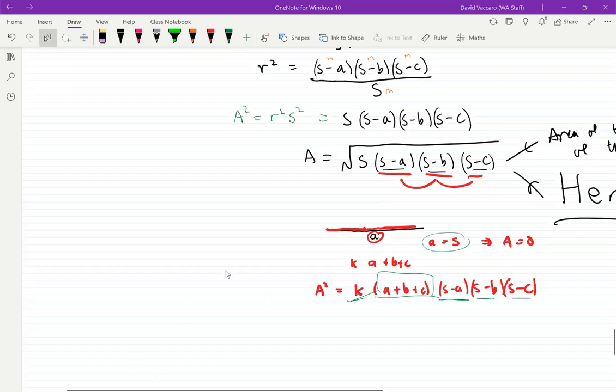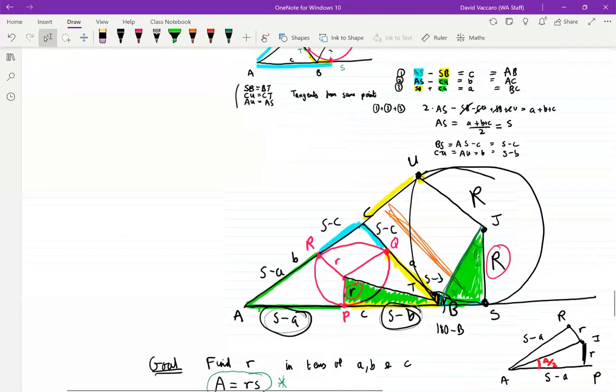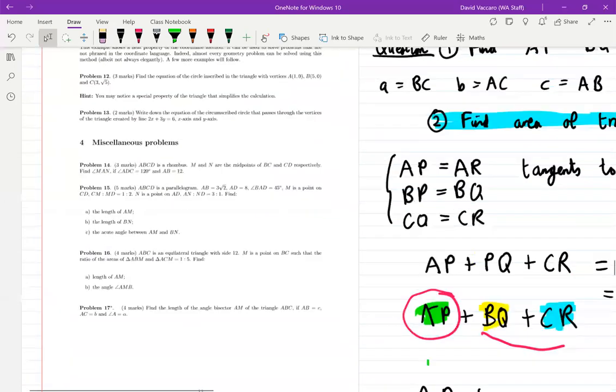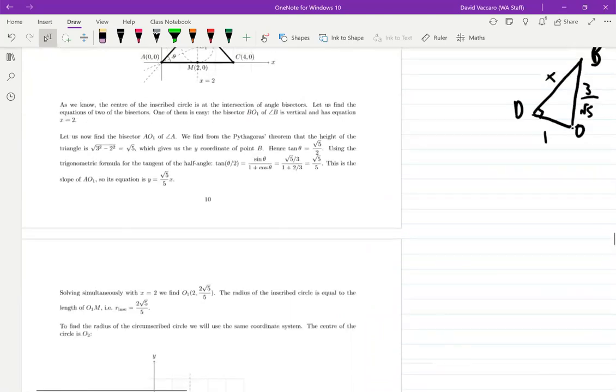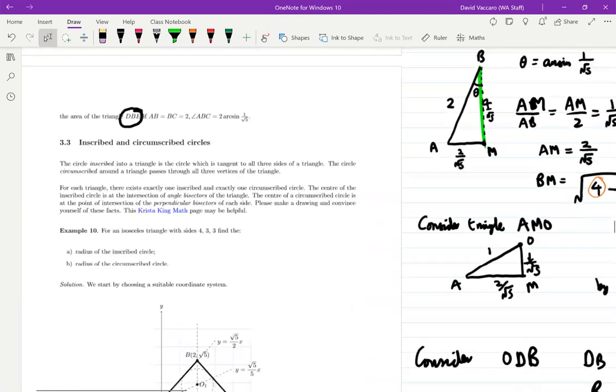Okay, there was a request in the chat for question 10. Right, I'm going to have a look at question 10. Where's problem 10?